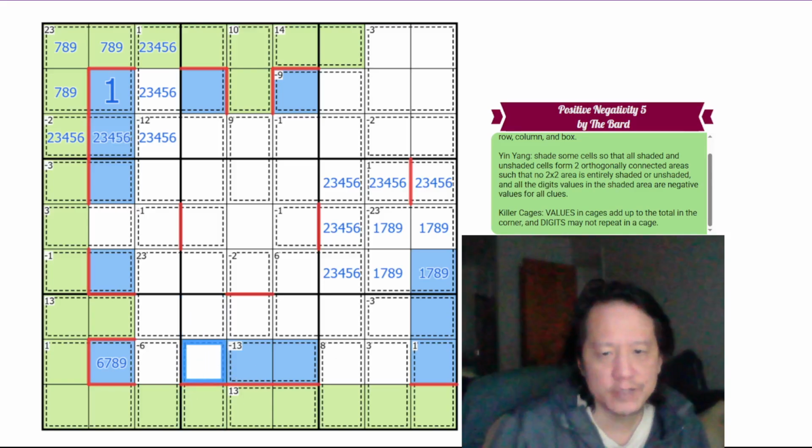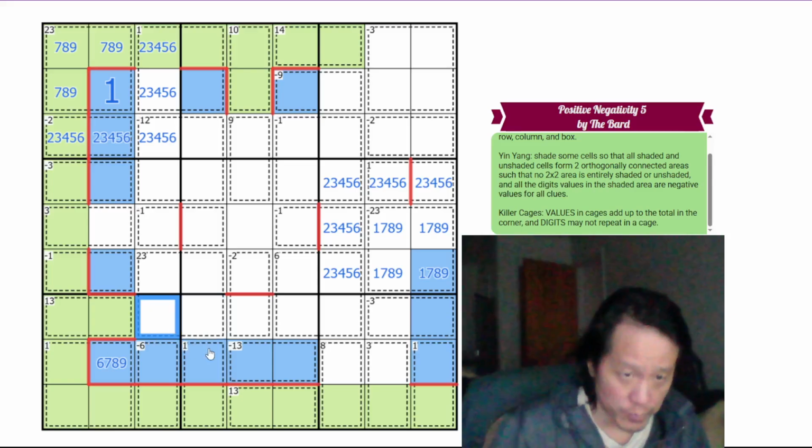Oh, this is green, so this must be blue here. This blue must go out here, so that's blue that way. So this is blocked. At least one of these two is green.